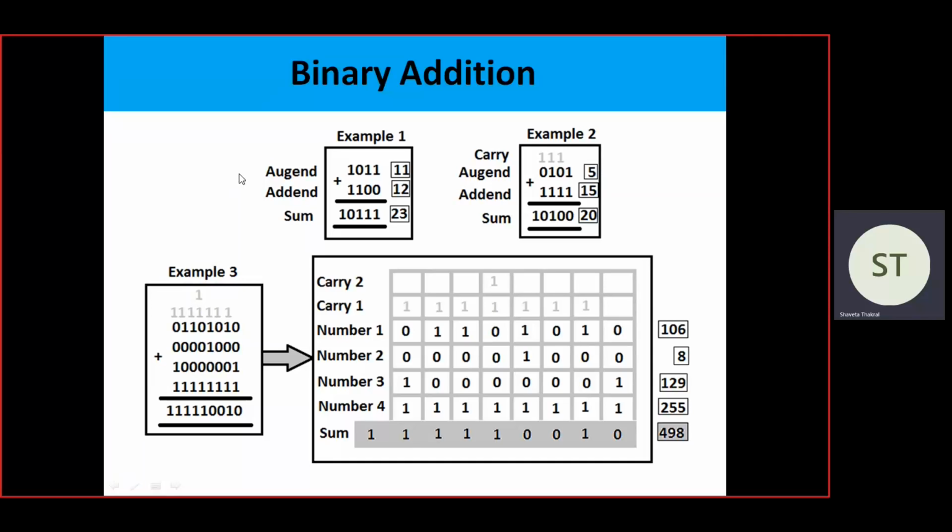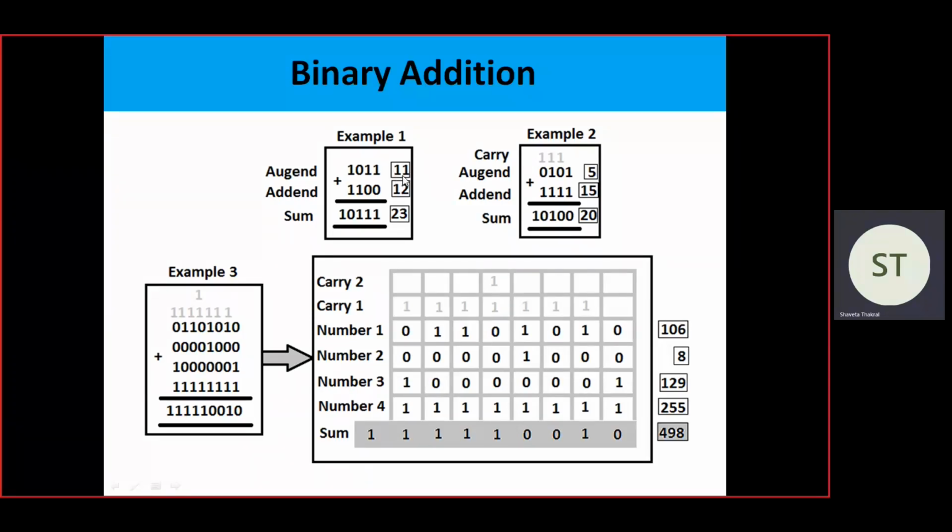So we are taking three examples of binary addition. In example 1, we have addition of two numbers. The first decimal number is 11 and the second decimal number is 12. We have to add these two numbers via the binary addition method.